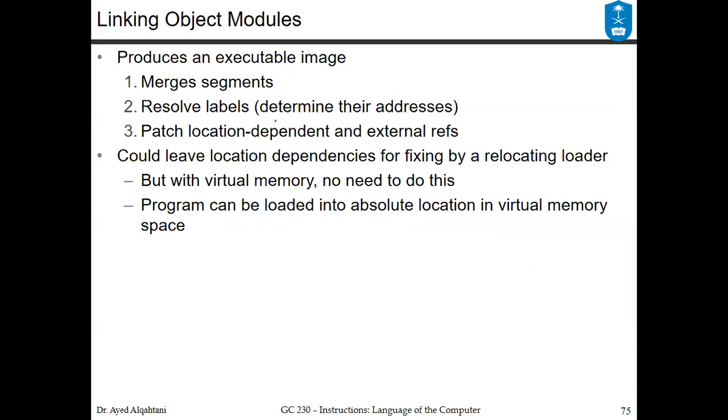Basically, what you do here is determine their addresses, and then you patch location dependent and external references. You could leave location dependencies for fixing by a relocating loader, but with virtual memory, no need to do this. The program can be loaded into absolute location in virtual memory space.